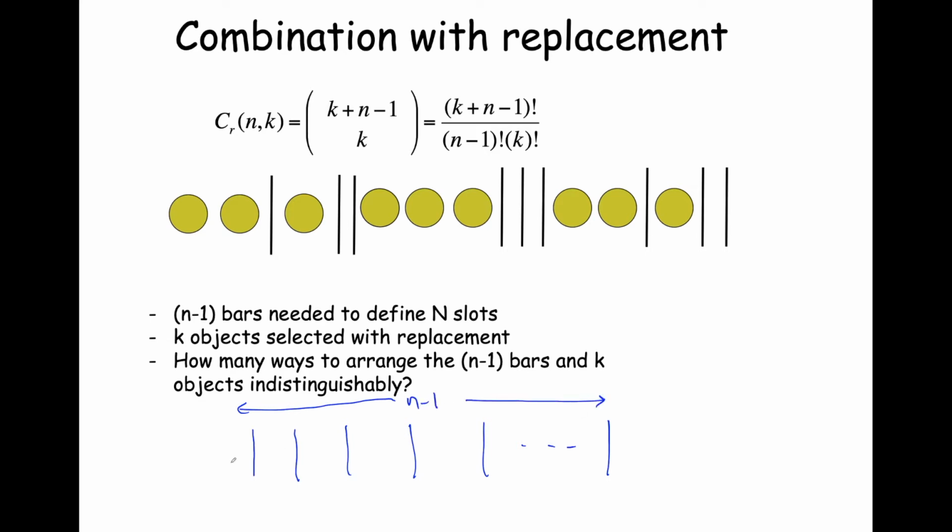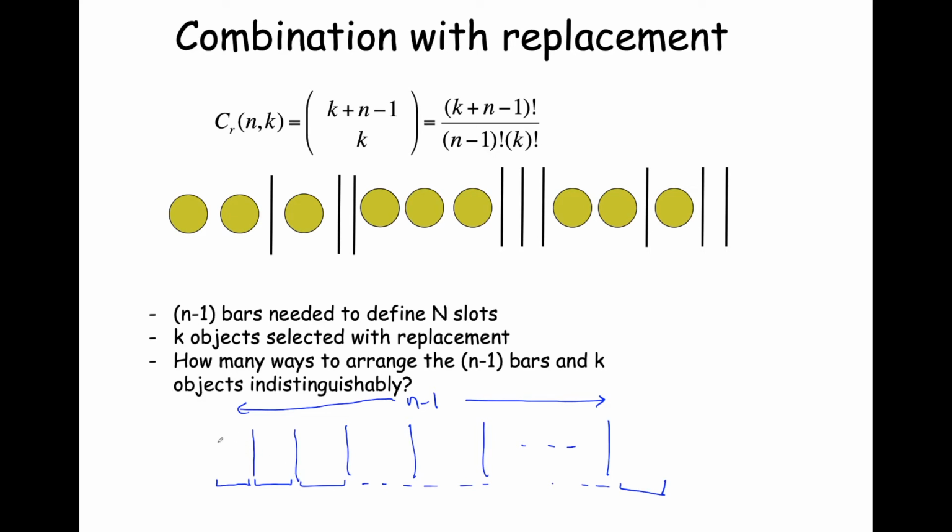Now, it just so happens if you have n minus 1 sticks or bars, you can count a total of n spaces. So there's the first space, the second space, the third space. And let me draw these spaces using these kind of angle brackets, almost like they're bins, jars, or urns. And you have a total of n of these bins or spaces.